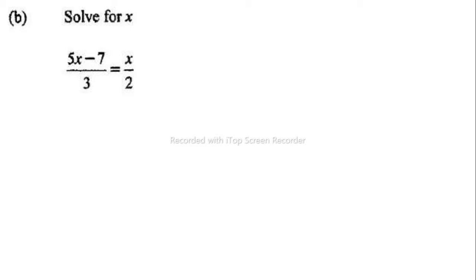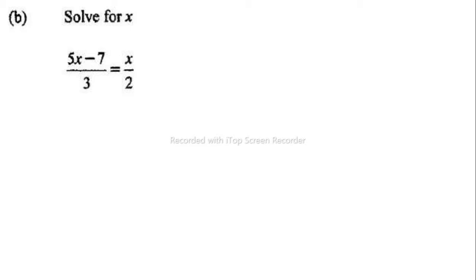Very good, cross multiply. So we're going to take what and multiply by what? 3 multiplied by x, and then what else? Equals 2 times 5x minus 2 times 7.